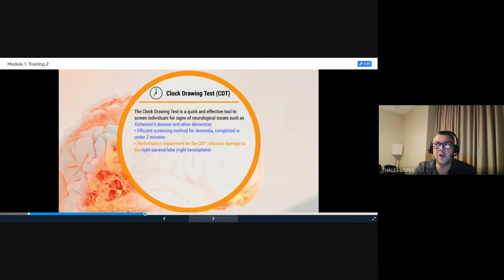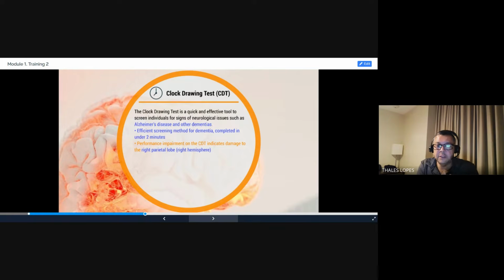And when we say cognition, we mean dementia-like patients, right? So one with dementia, Alzheimer's, or really any dementia that's advanced, would have trouble with the clock drawing test, which is part of the MMSE and the Mini-Cog.